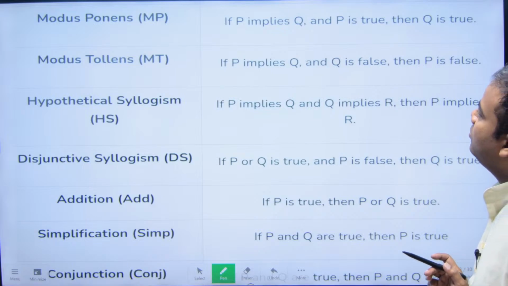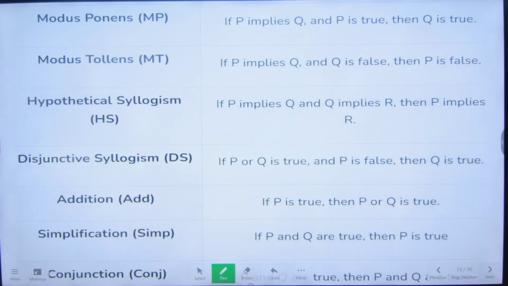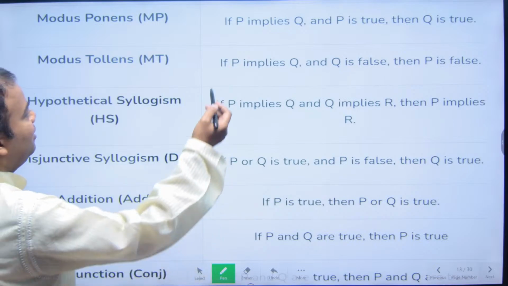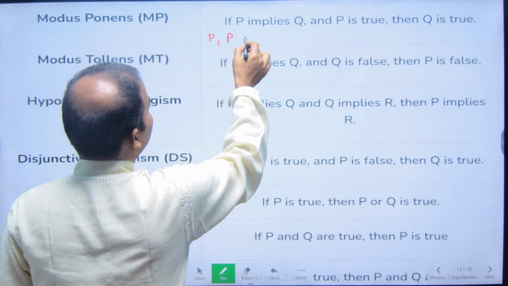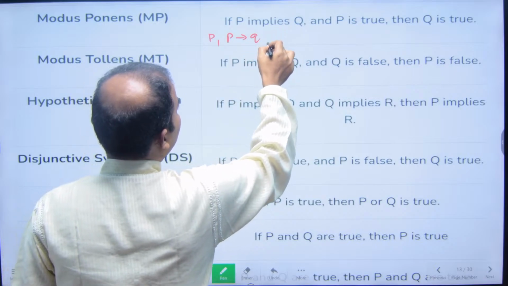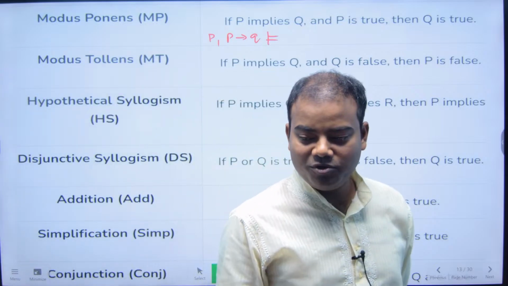Now there are some rules like modus ponens. Okay, so it is better you use this: if P is given and if P then Q is given, what is the conclusion? Can you find? Try to note down in your notebook. It is easy.